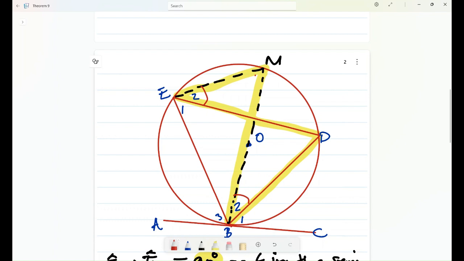That one we know from theorem 4, which states that if an arc or a chord subtends angles at the circumference, those angles are equal. Again, if I have a chord MD and it subtends an angle at B2 and at E2, those angles are equal if they are subtended at the circumference. So we can say that E2 is equal to B2.